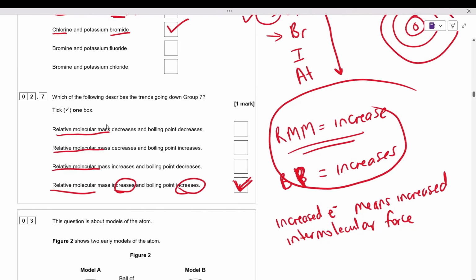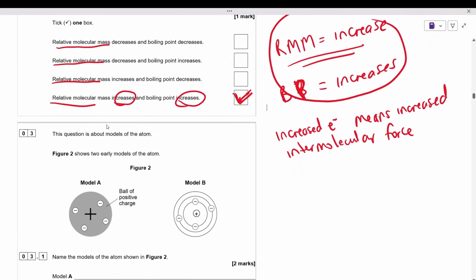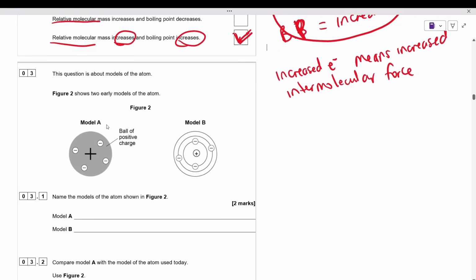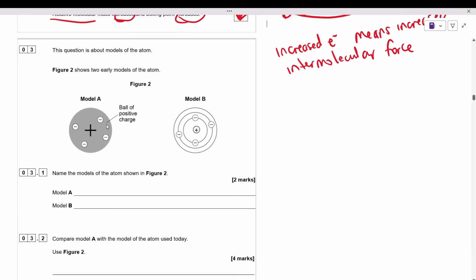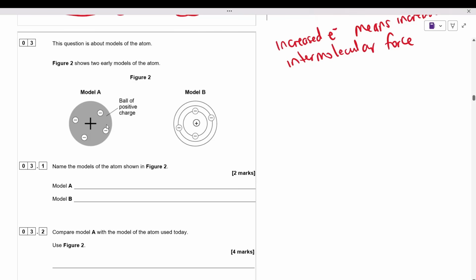For question three, this is about the models of the atoms. Figure 2 shows two of the early models of the atom. In model A, we can see a ball of positive charge, and we can see those negatives. For model B, the positive is in the middle, and we have those negative charges around the structure. The first thing it asks us is to name the models of the atom shown in figure 2. The famous model, which is a ball of positive charge, is the plum pudding.